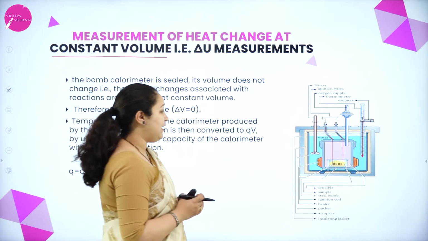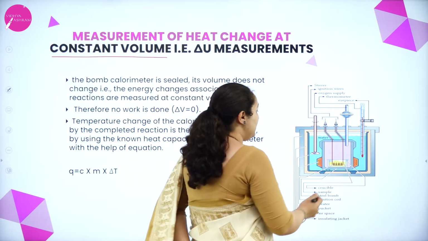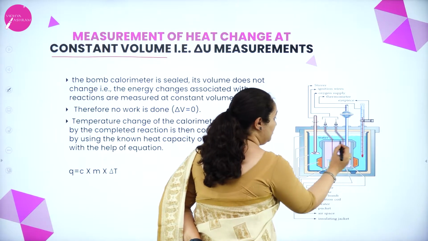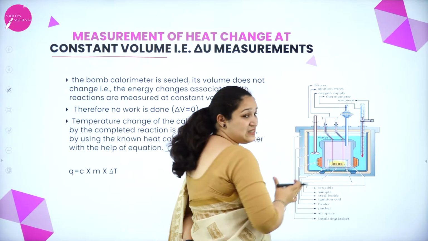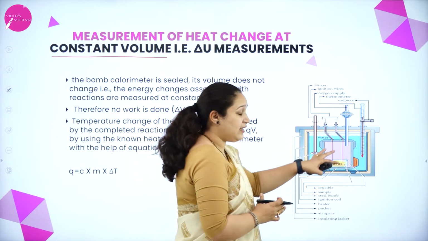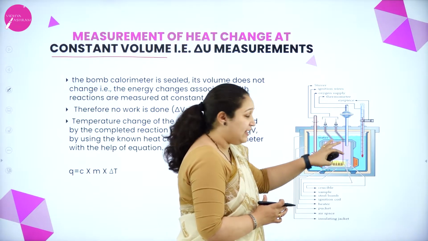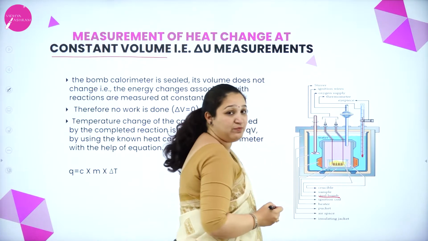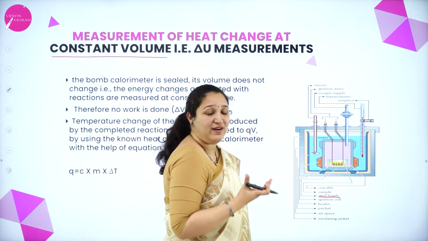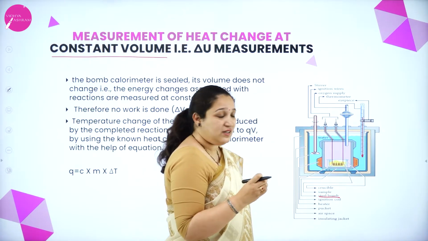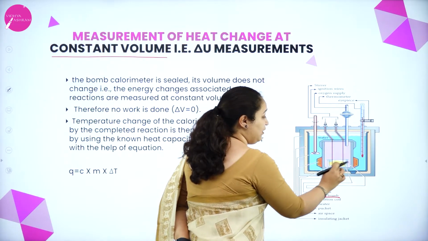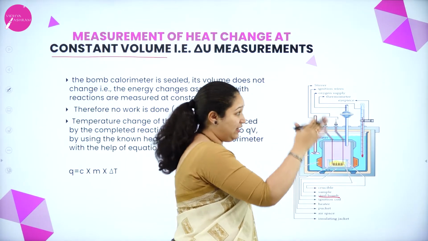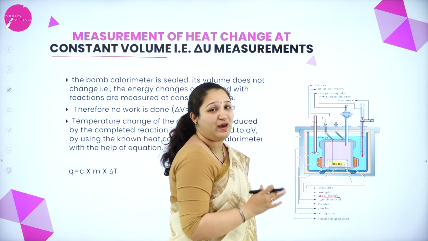Here you can see there is a steel cylinder in which the entire process happens, and because of this heavy duty steel cylinder we call it a steel bomb. The entire apparatus is also called a bomb calorimeter.